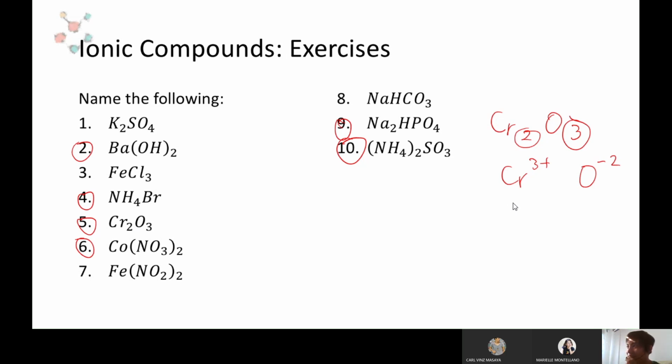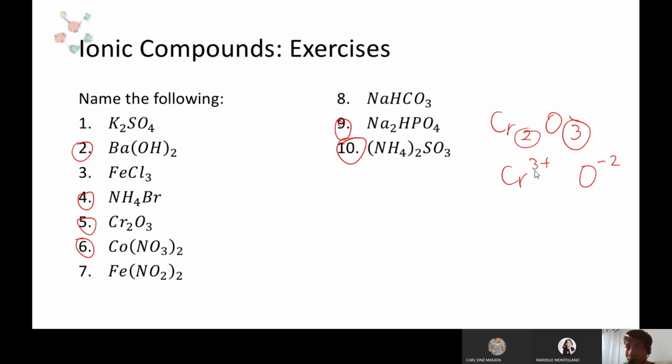Since this is a transition metal, maraming charges yan, no? Actually, kung titignan yung periodic table nyo, may chromium 2, 3, 5, 6, and may marami siyang versions.